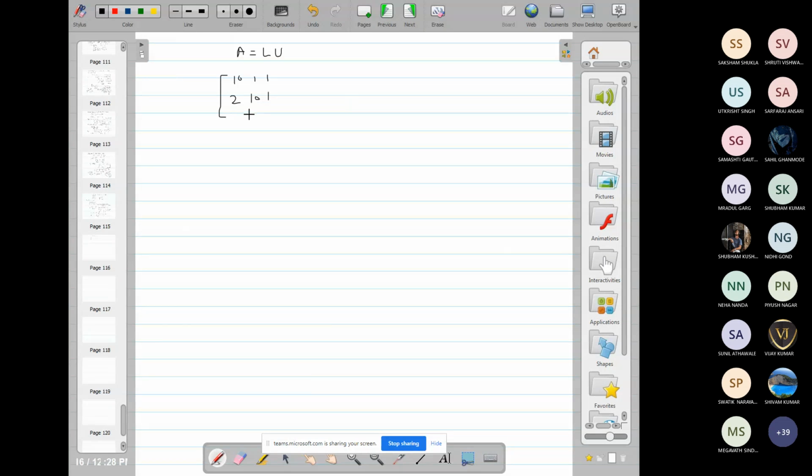Third row is 2 2 10 2 2 10, is equal to LU.